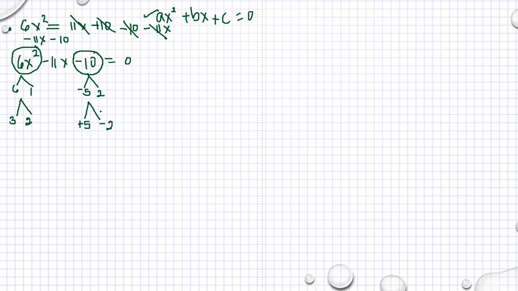Then we have 11. If I multiply 3 and negative 5 there, then I will get negative 15. That means I have 3x, and then we have x there, then I will put 5 there, because 3 times negative 5 is negative 15. That means I will have positive 2 here is equal to 0.